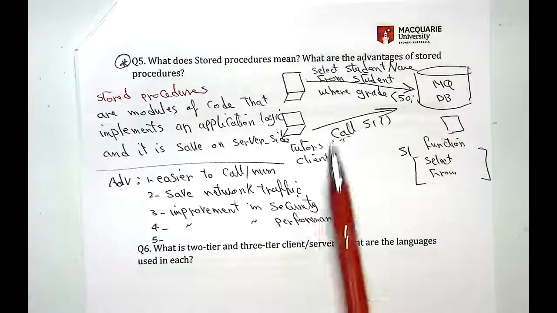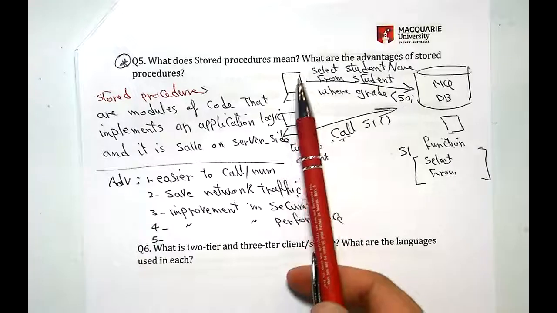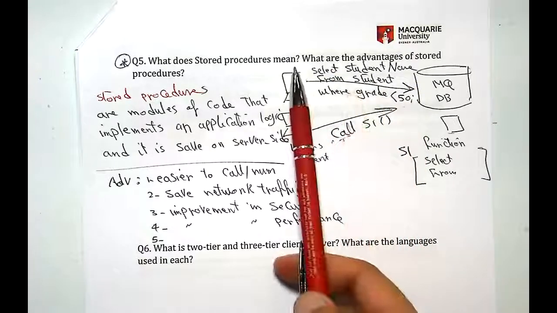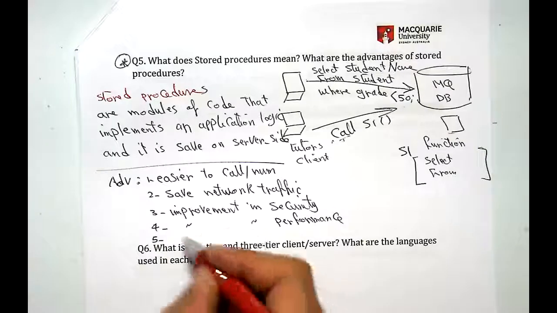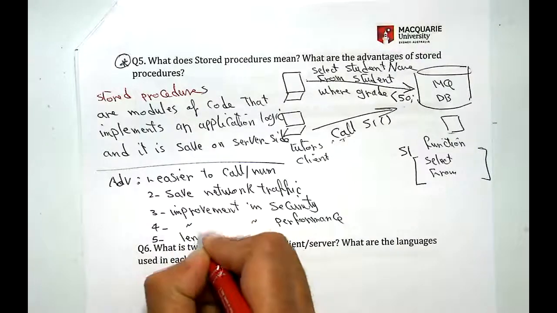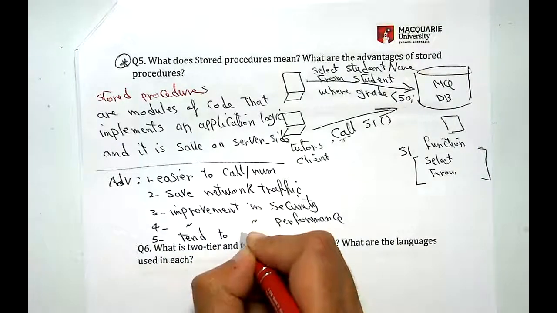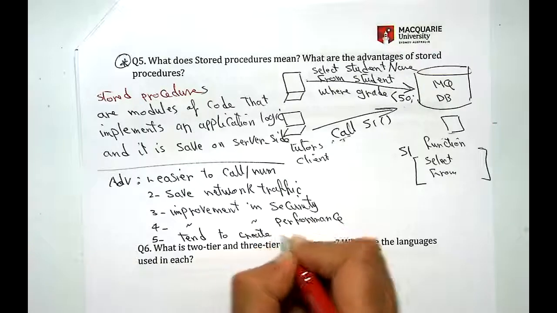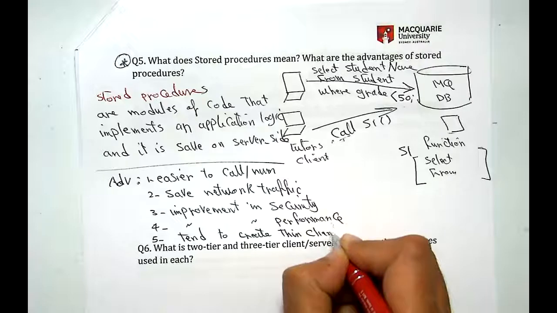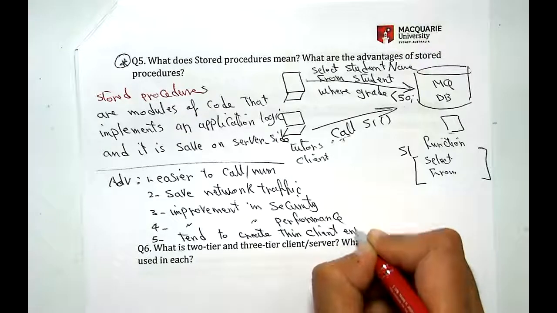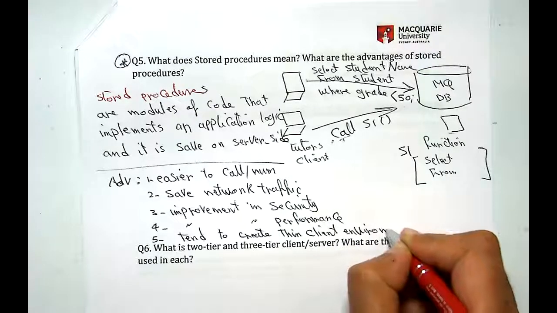Less, because as a client, you will not have to send a lot of code and receive the data. You will just call the function. So we tend to create a thin client environment, which is preferable.